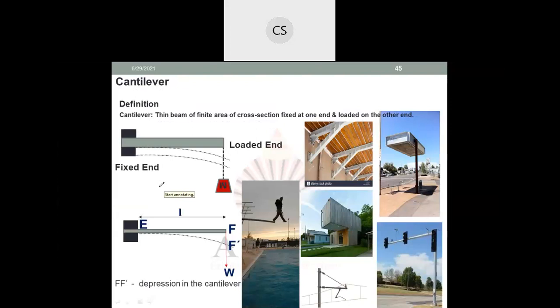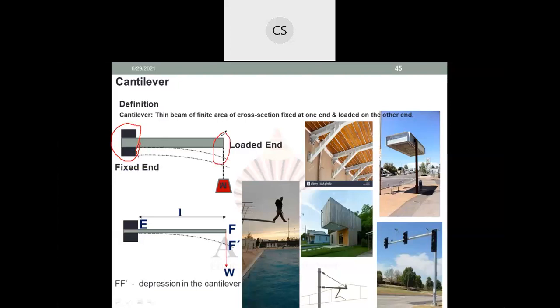There is the cantilever, continuous beam, and overhanging beam. So what exactly is a cantilever? A cantilever is nothing but a beam in which one end is fixed and the other end is loaded.